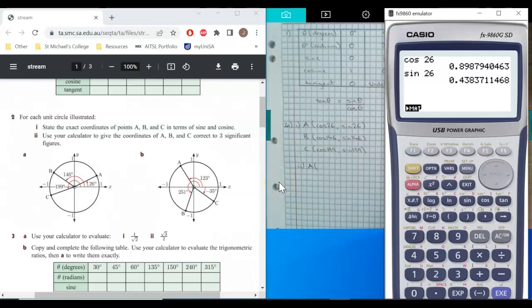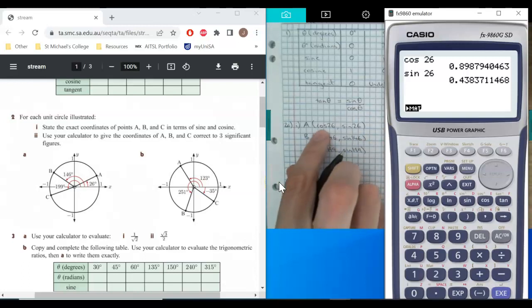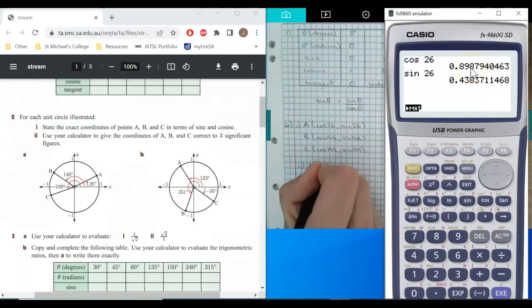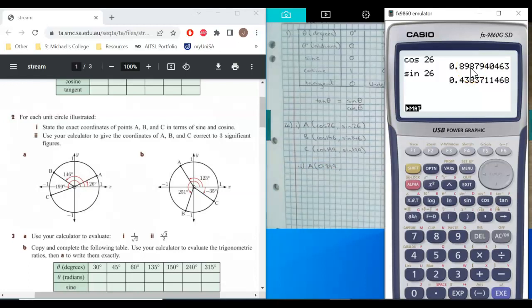We need to round to 3 significant figures, so it's 0.899 for the cos, and then for our sine value, it's going to be 0.438.